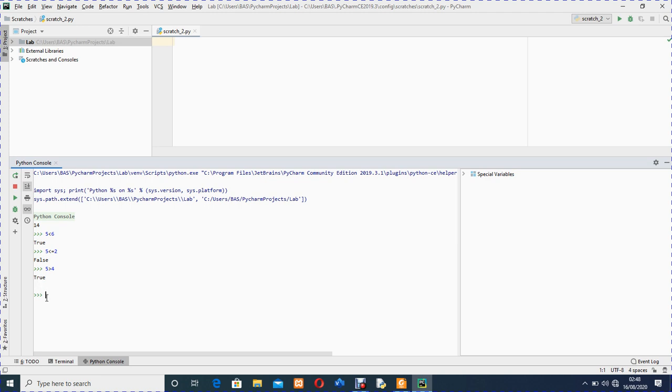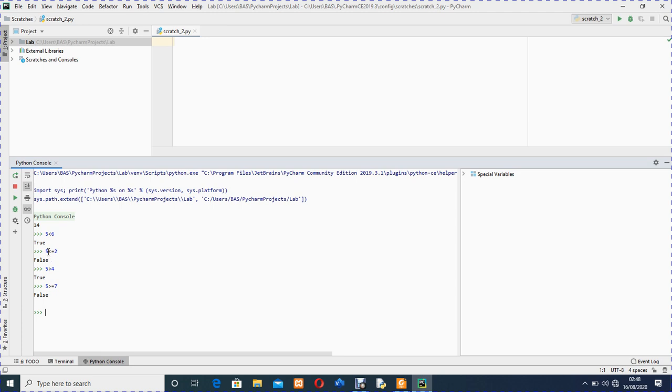Let's see, 5 is greater than or equals to 7. It executed false. That's comparison. We are comparing two values here.